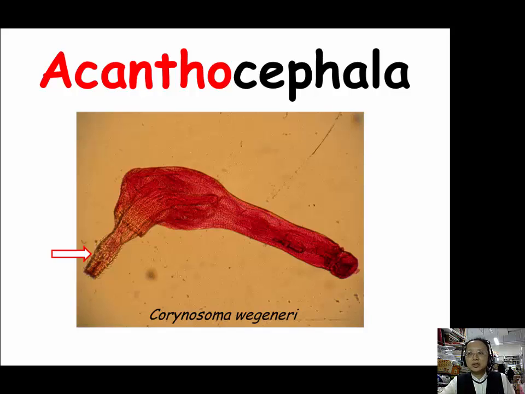The proboscis projects anteriorly and is covered with thorn-like spines for attachment to the digestive tract of the host. So it is called Acanthocephala, meaning spiny head. The suffix cephala means head.